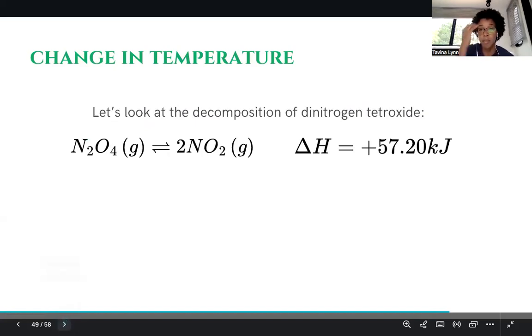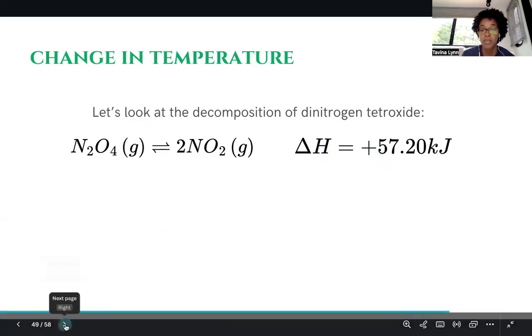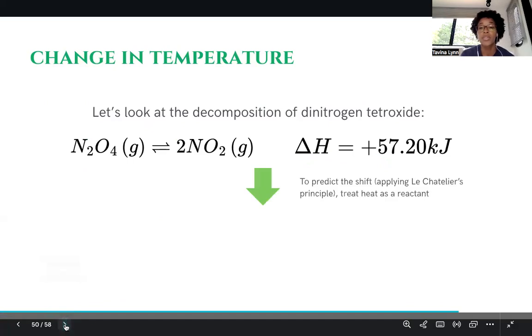So here's an example. This is the decomposition of dinitrogen tetraoxide. The enthalpy of reaction, or delta H, is found to be positive 52.20 kilojoules. In order to predict the shift, we treat heat as a reactant.